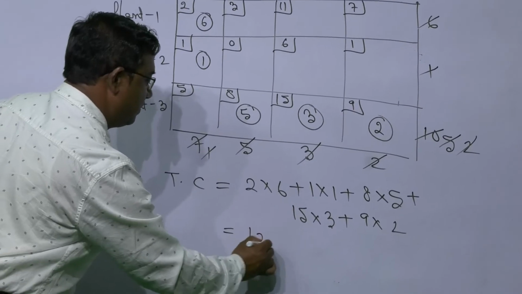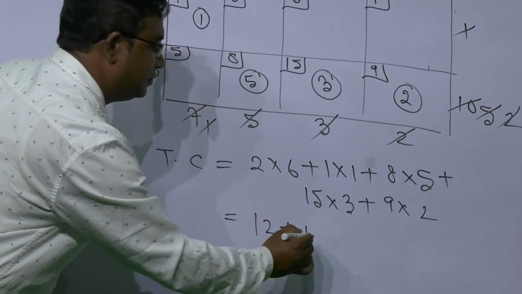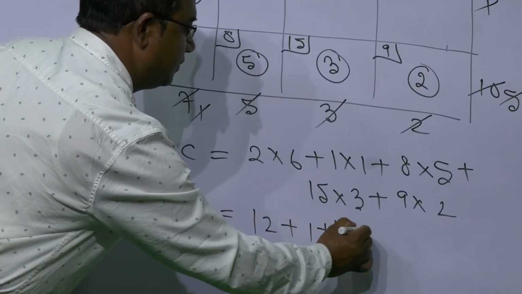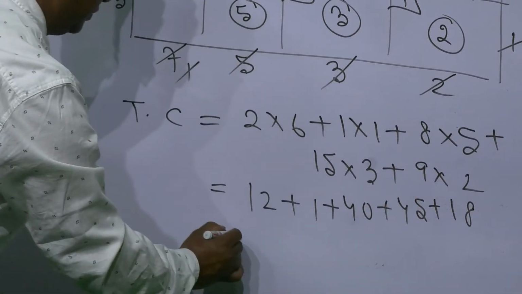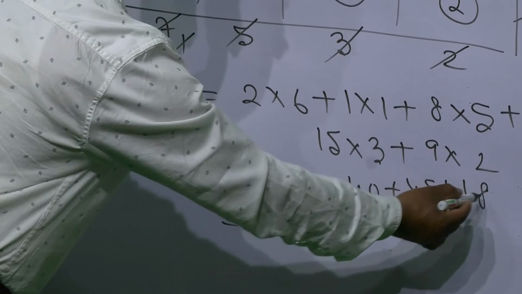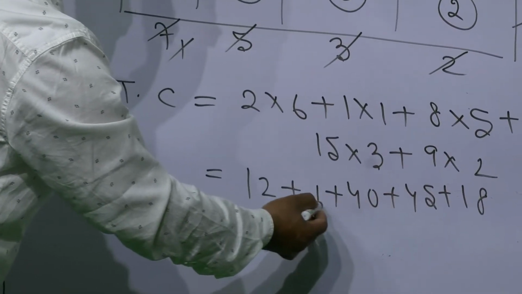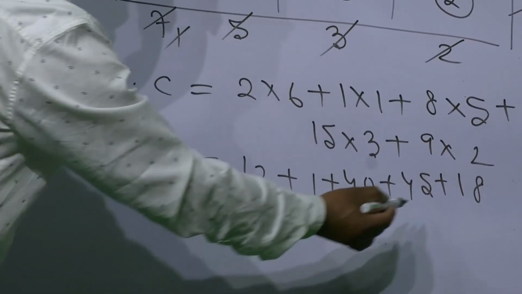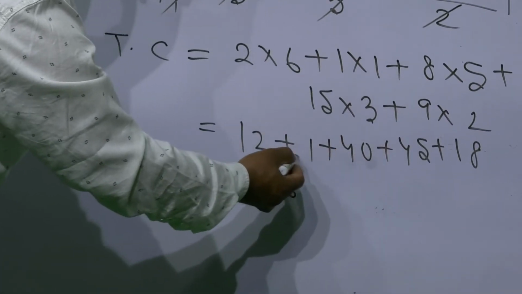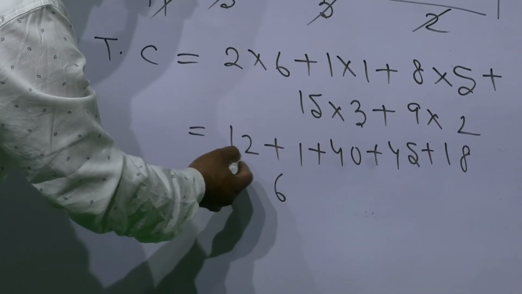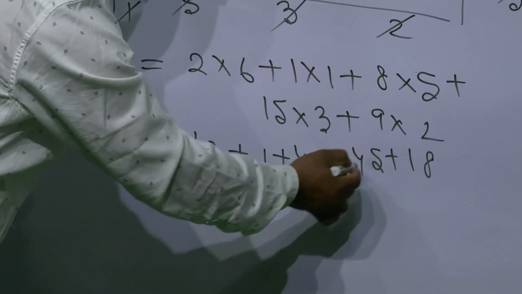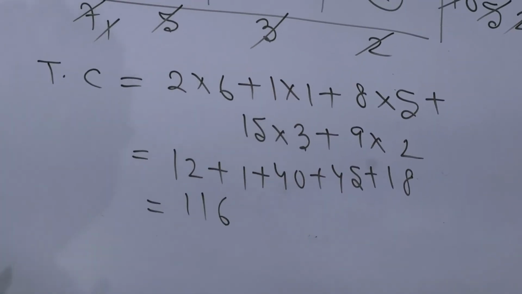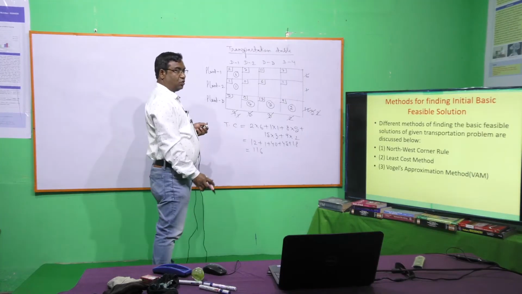So this is 12, this is 1, this is 40, this is 45, this is 18. Adding them up gives 116. This is the transportation cost.